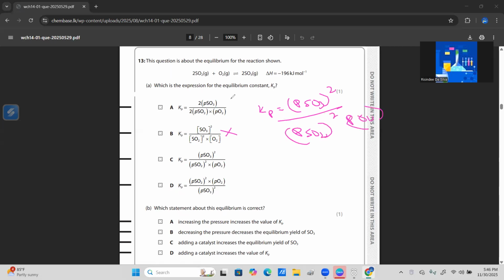So the correct answer is like this. Also, the stoichiometric ratios are written as powers when we write the equilibrium expression. We always write products over reactants, not reactants over products. So that's why D is wrong.